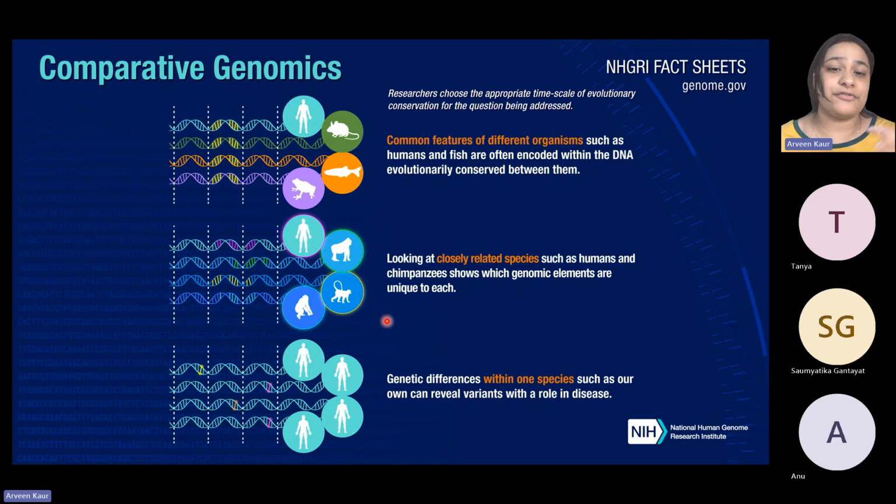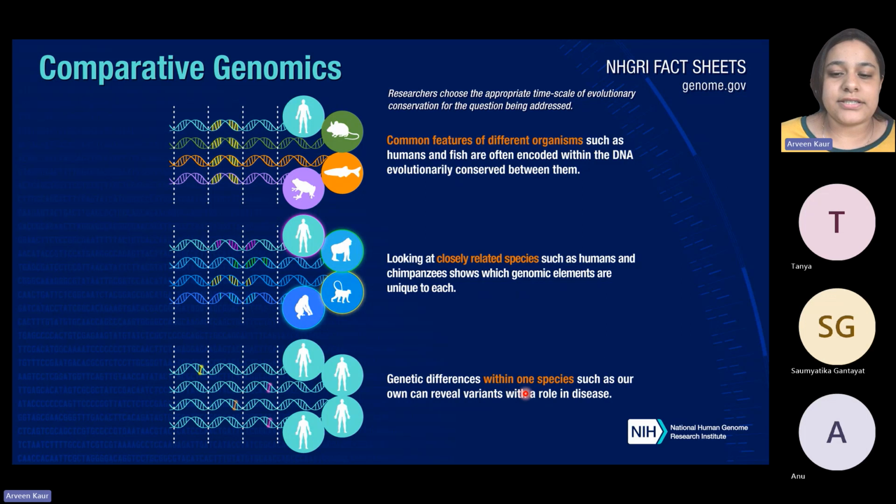We are kind of owning the planet, right? While apes are left so backward, right? So these differences between genomes also help us understand what in our genome favored us over the other species, so that we could flourish this much, right?